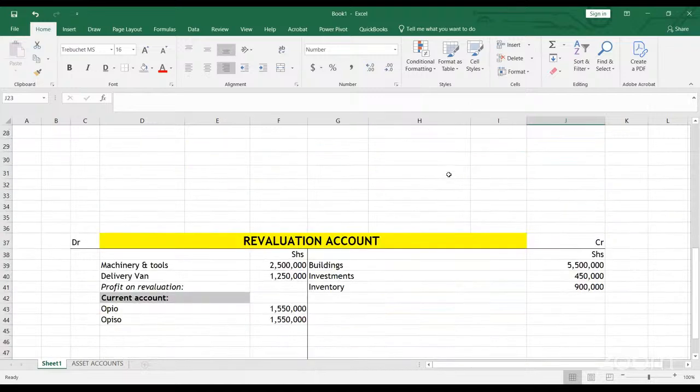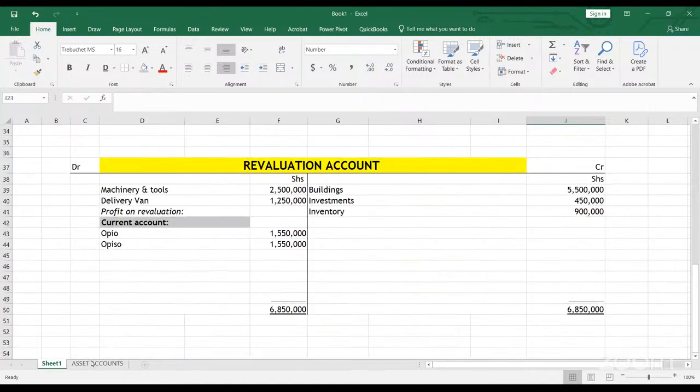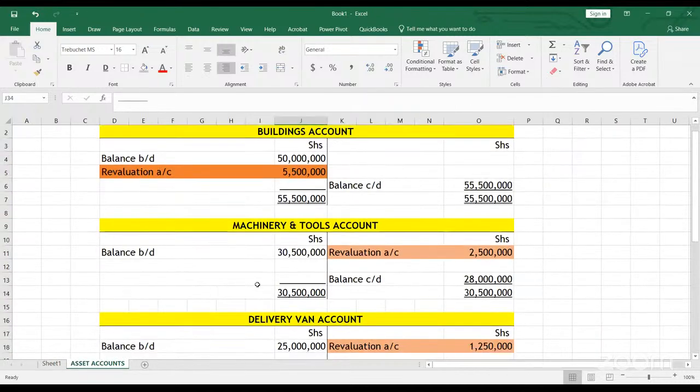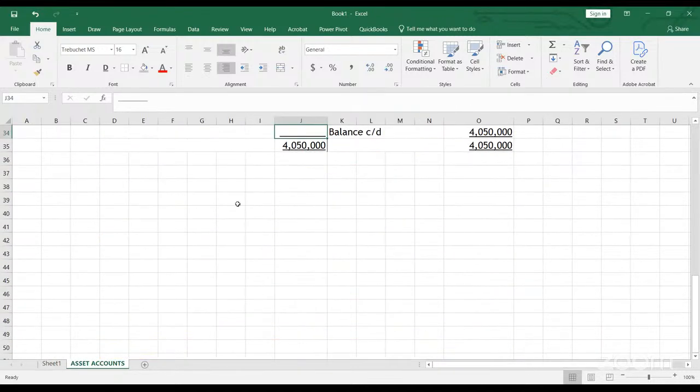Now, there is goodwill in the question. We need to come up with our goodwill account as well.